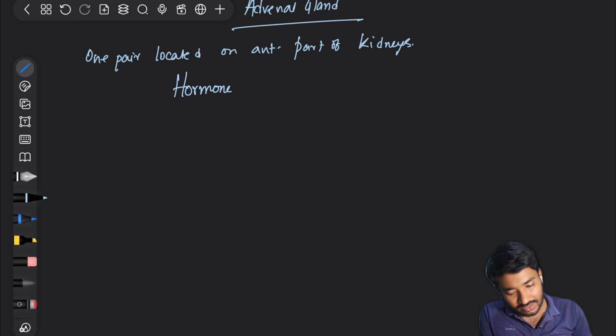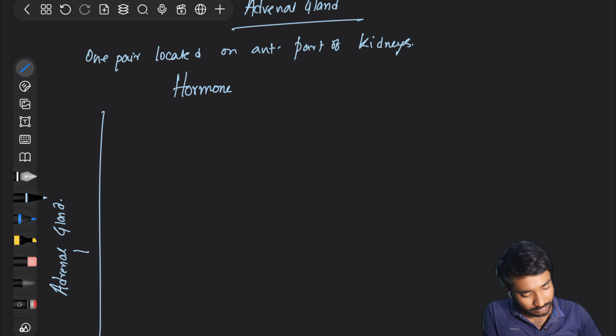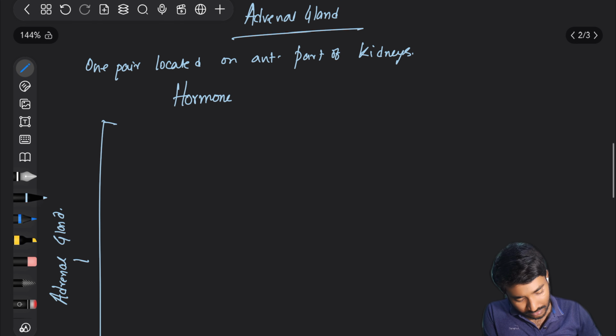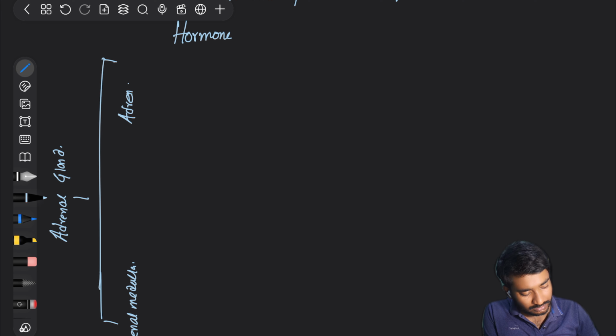It consists of two parts: cortex and medulla. This is the adrenal medulla, and this is the adrenal cortex. In the adrenal cortex we have three parts.